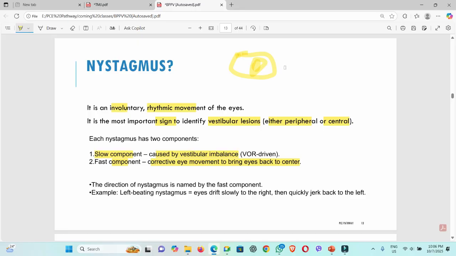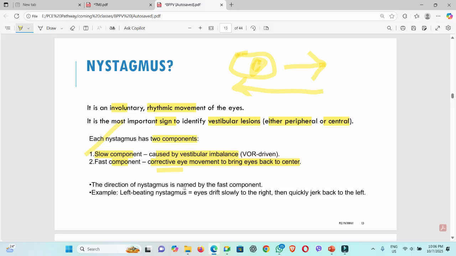If the eyeball moves towards this side slowly, then it will move very fast towards this side to bring the eyeball back to the center. So moving to one side initially is the slow component, and the corrective eye movement, which brings the eyeball back to the center, is the fast component. So nystagmus has two components.